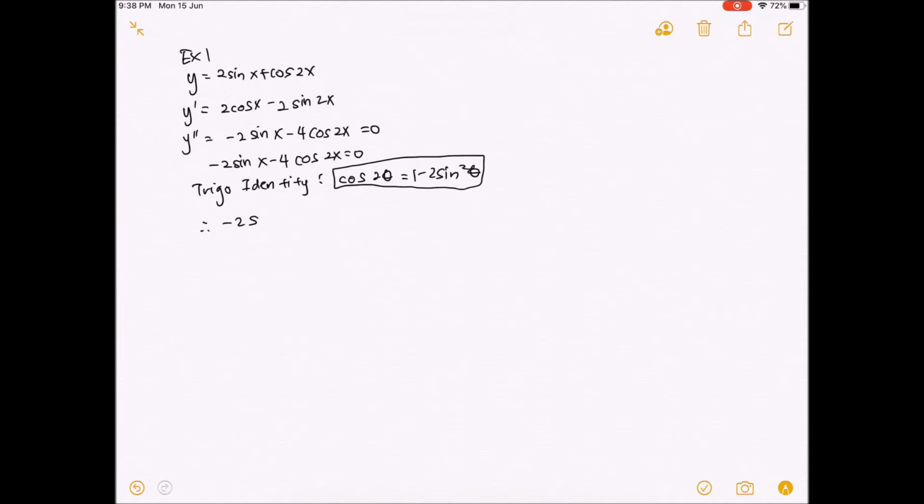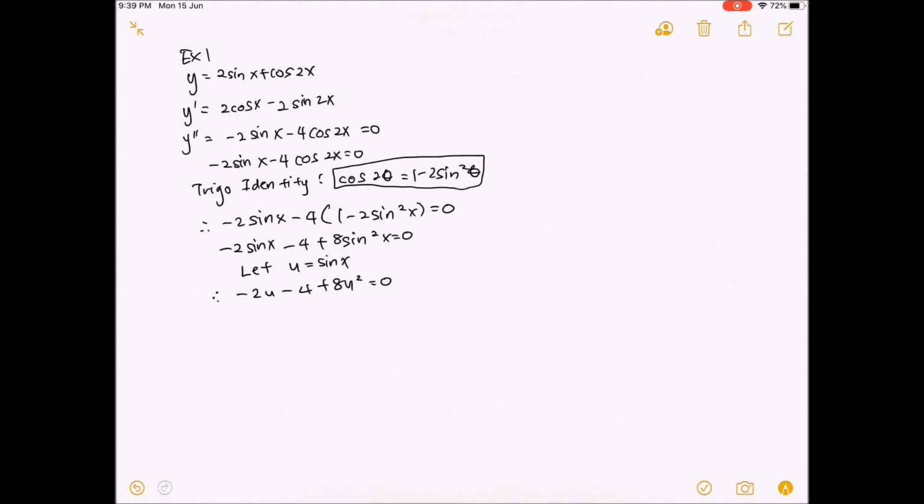So I will have negative 2 sin x minus 4 times (1 minus 2 sin squared x) equals 0. If I let u equal sin x, I will have negative 2u minus 4 plus 8u squared equals 0. So this is a quadratic function.